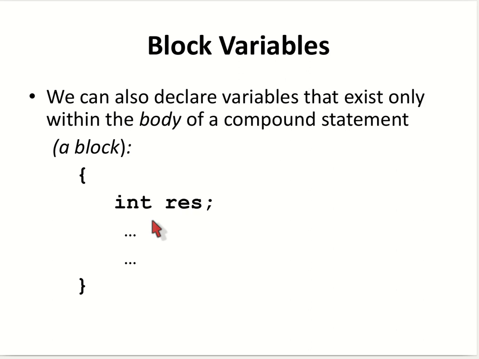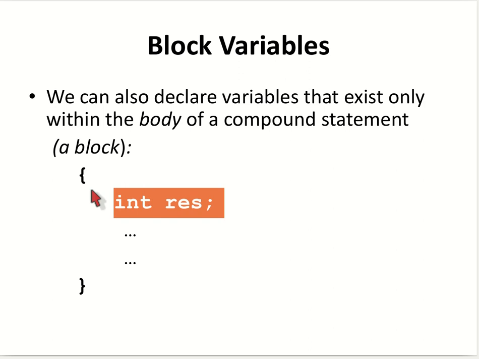Second type is a block variable. A block means a starting and closing of curly brackets. If we have declared some integer or any other data type variable inside these curly brackets, then this res will have a value, or this variable will exist only inside this block.